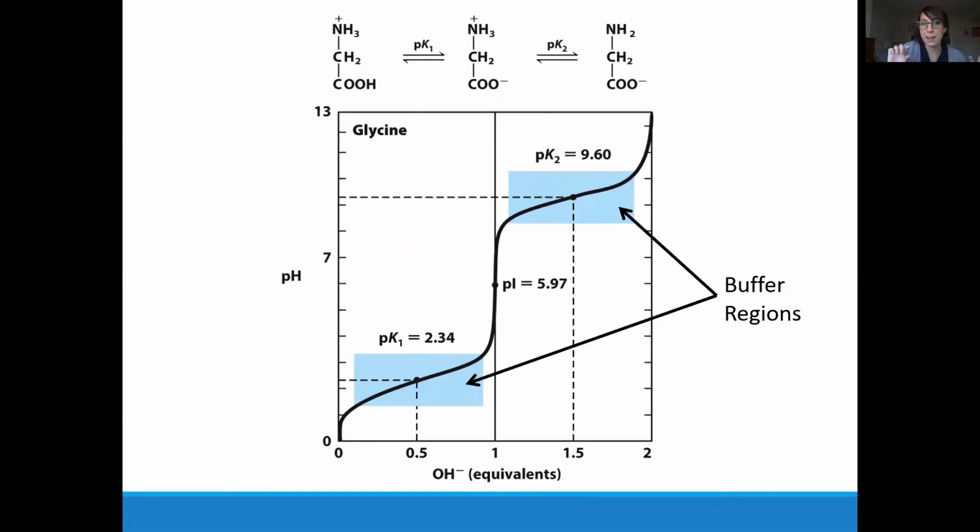So again, those highlighted regions are where the pKa of glycine is. This is the pKa for its carboxyl group, the acid, which is at a low pH. And the amino group, which is at a high pH. Those areas are its two buffering regions.